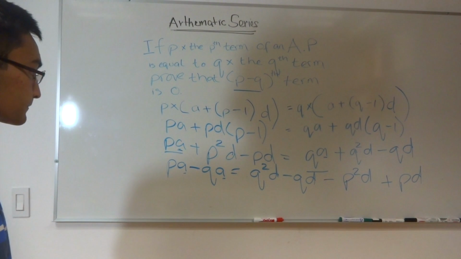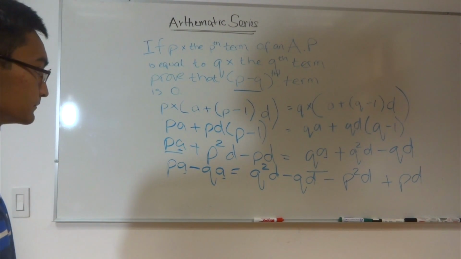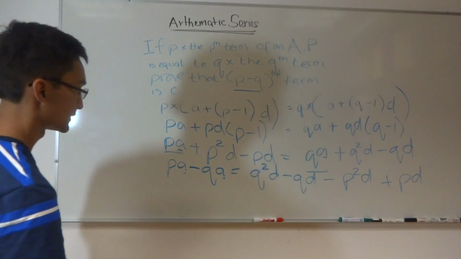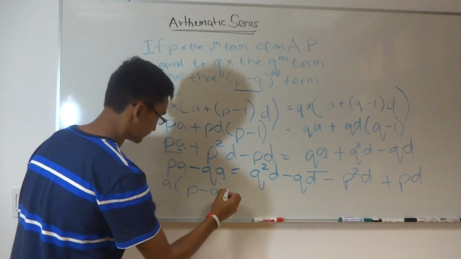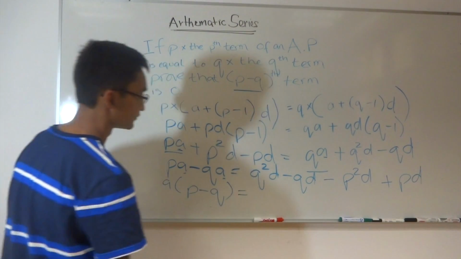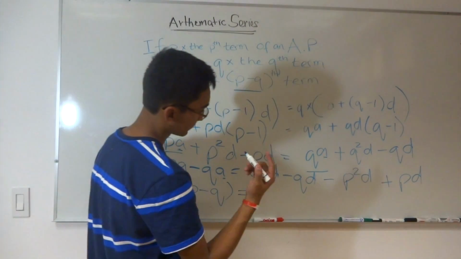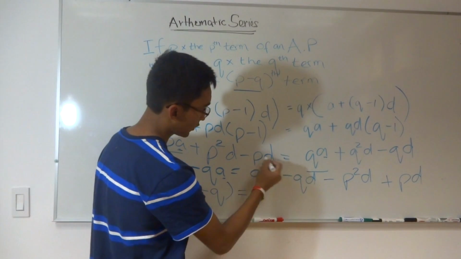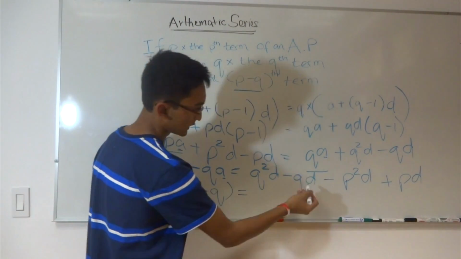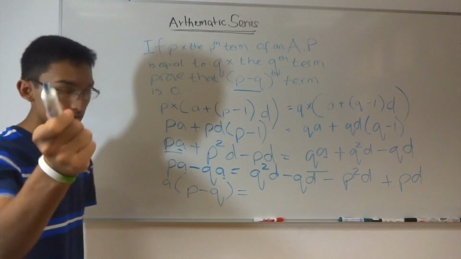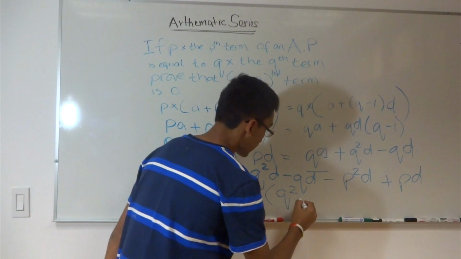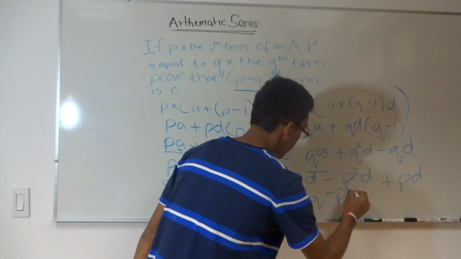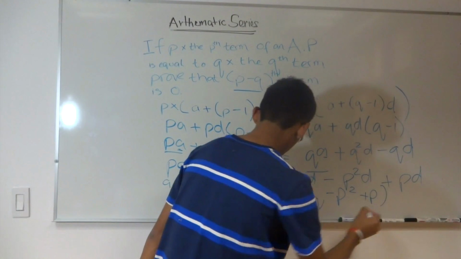So a times (p minus q) is equal to, as you can see, q squared d minus qd minus p squared d plus pd. You can take d as common, so you have d times (q squared minus q minus p squared plus p). d is common, people.